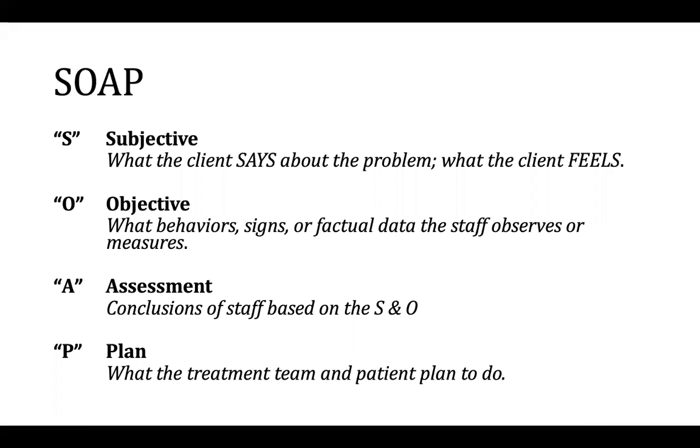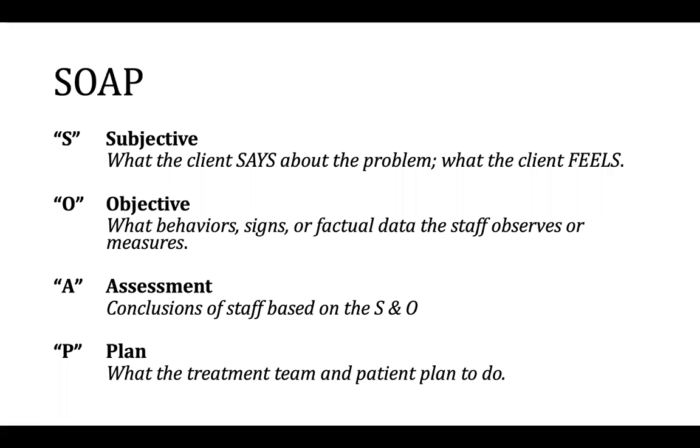The A is the assessment. So this is where it gets a little confusing, and a lot of people get confused when they are writing one, and they've done an assessment, and they'll put their assessment information in the A section, like "patient conducted a sit to stand assessment during session on September 17th, 2021."